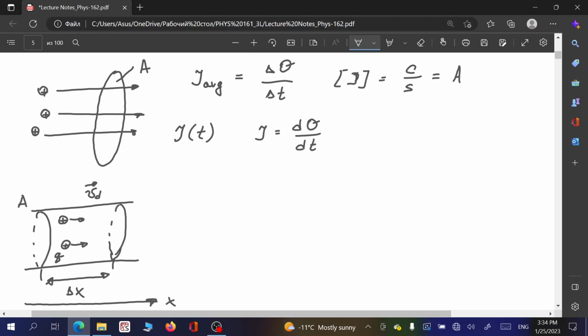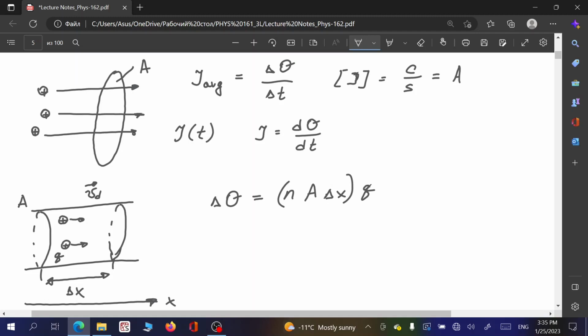So we assume that all charges possess the same magnitude, some magnitude q, and that's why the total charge which is placed in this volume, delta q, will be defined as the density of charges, like number of charges per unit volume, times area times delta x, and everything we multiply by q. This is the magnitude of a single charge.